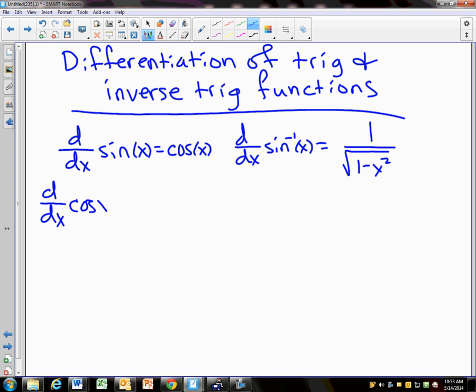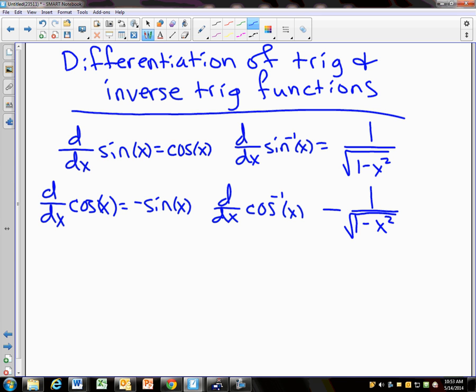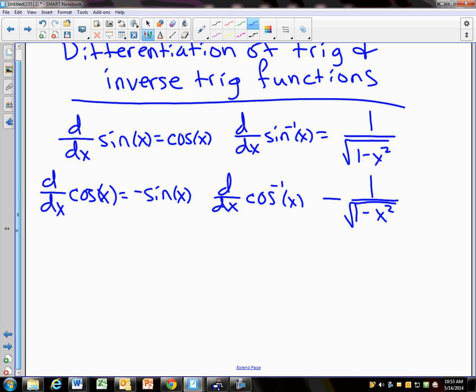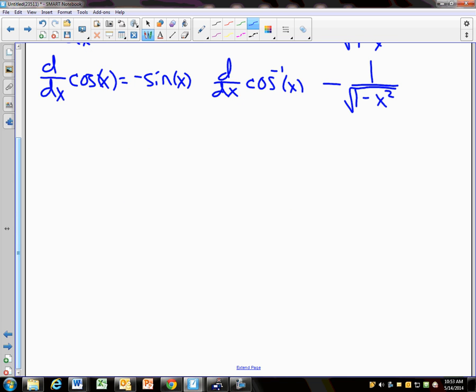What's the derivative of cosine of x? Negative sine of x. The derivative of cosine inverse happens to be negative 1 over the square root of 1 minus x squared. See how closely they are related? We could prove these forms to you, but I don't have time.